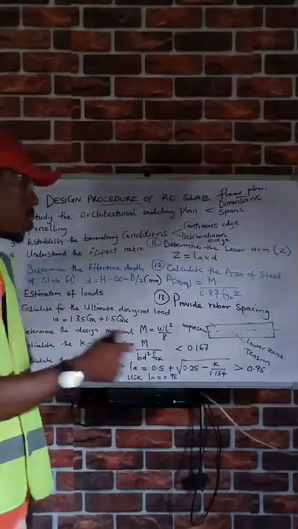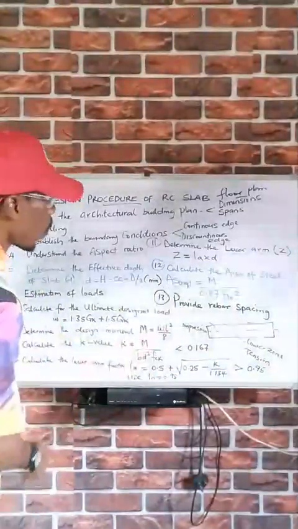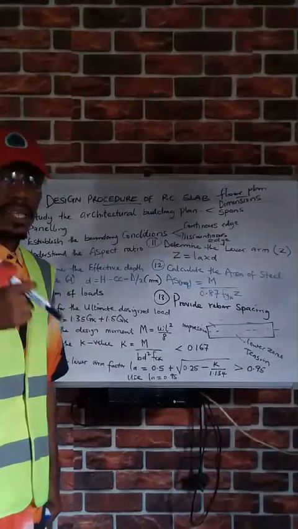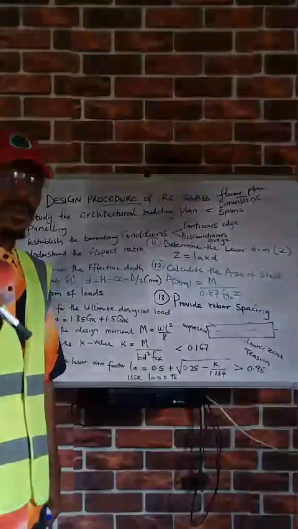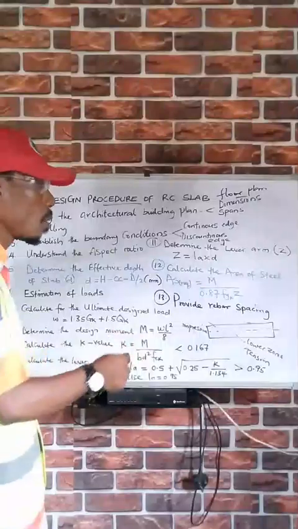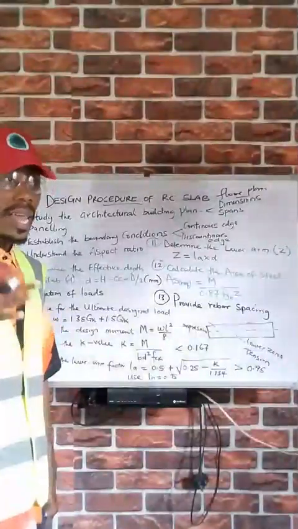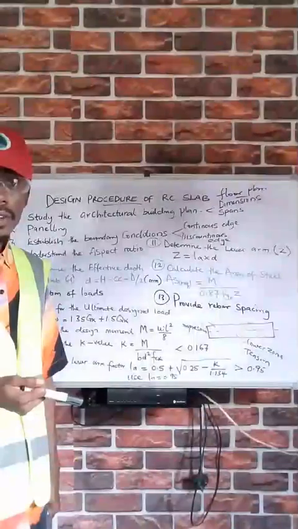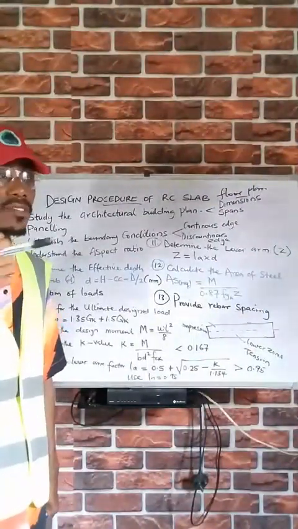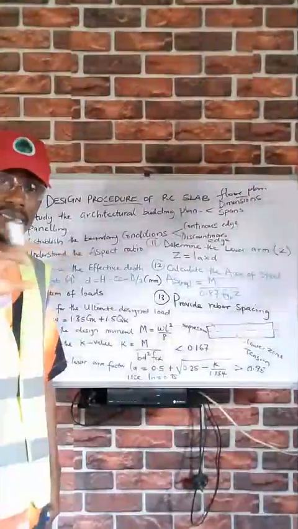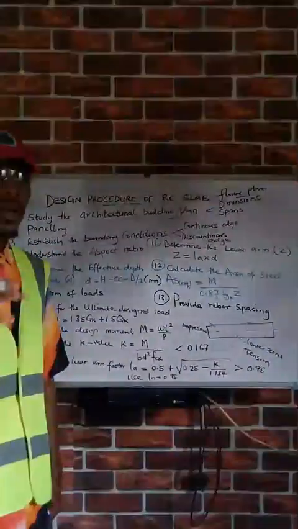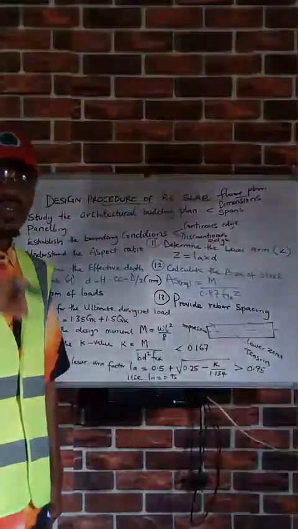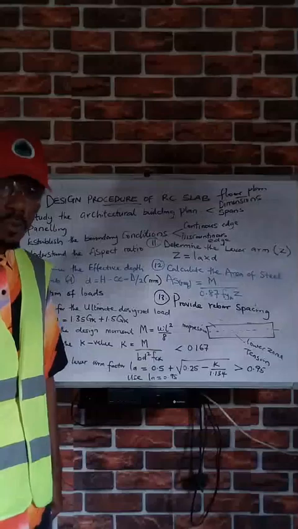Understand that this area of steel that we have calculated is usually what we need to provide a higher area of steel for. So there is a table for spacing. That table has the diameter of bars on the vertical part, the top horizontal has to do with the spacings of this reinforcement, while the main body of the table constitutes the various areas of steel provided.